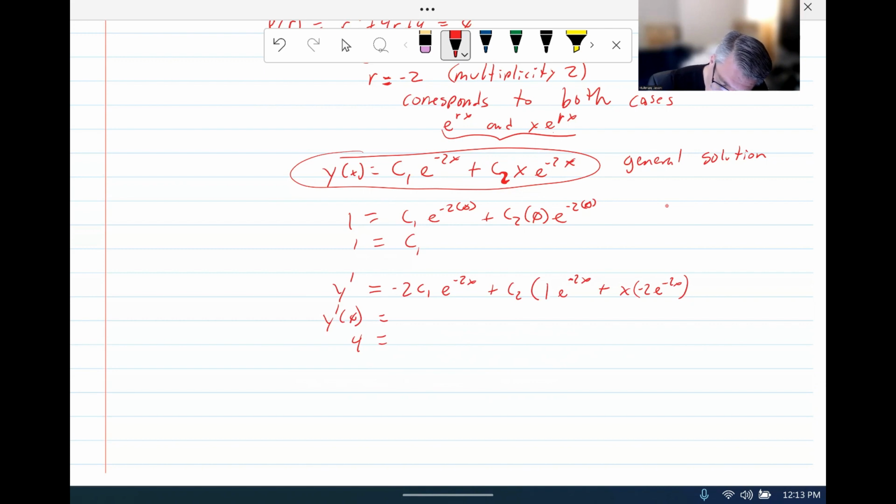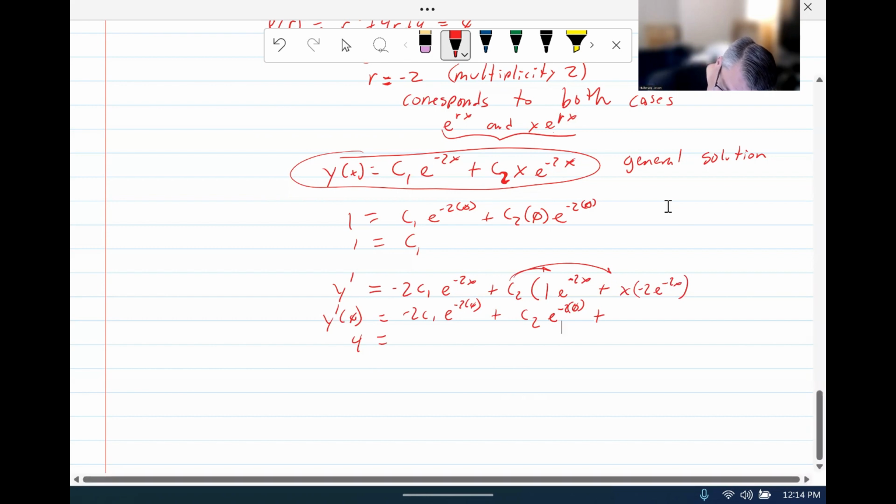Okay, so again, plug in a 0, that's negative 2c1 e to the negative 2 times 0 plus, I could distribute the c2 here, plus c2 e to the negative 2 times 0, minus 2c2x e to the negative 2x.